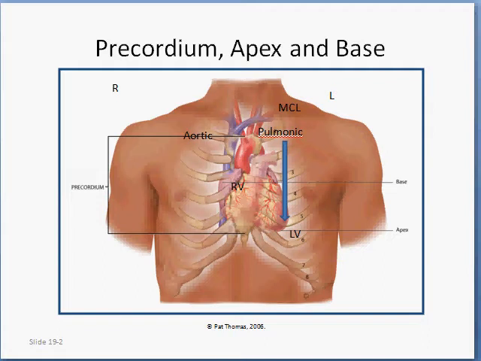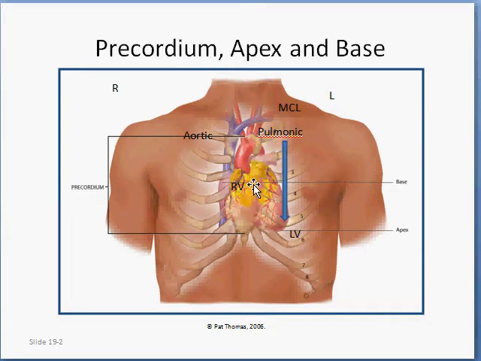A few areas that are important to highlight are the aortic area, where you would hear the heart sounds most distinctly of the aortic valve. The pulmonic space, where you would hear the pulmonic valve.